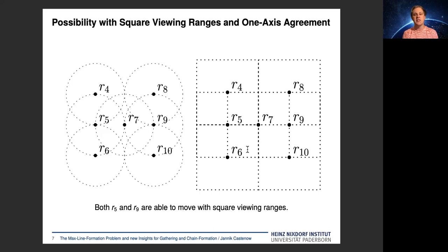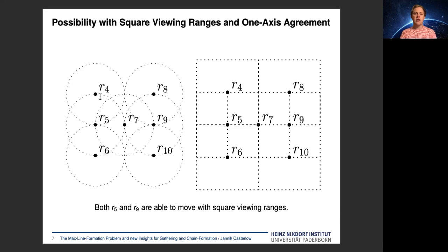And how do we enhance the local views of the robots? So first of all, we assume a 1-axis agreement. So the coordinate systems of all robots are commonly aligned, and the robots have a common understanding of right and left, while up and down can be inverted from robot to robot. Now, each robot can observe all other robots within an axis-aligned square of side length 2 centered at its own position.